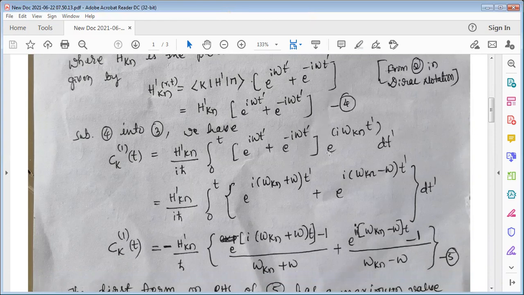That means we multiply the e raised to i omega kn t dash term with this bracket, so that the first multiplication gives e raised to i times omega kn plus omega, multiplied by t dash, and the second term gives e raised to i times omega kn minus omega, multiplied by t dash, into dt dash after multiplication.